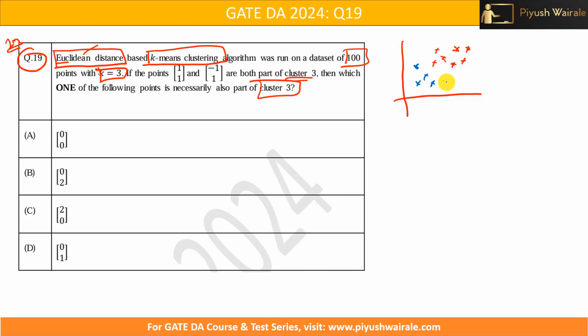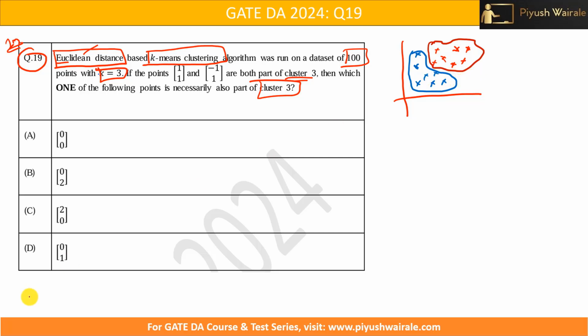Now this is my one cluster, and let's say for example this one is my another cluster. We got these clusters after applying the k-means algorithm over multiple iterations, right?